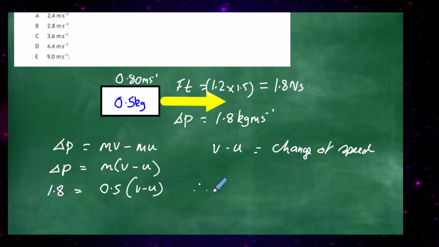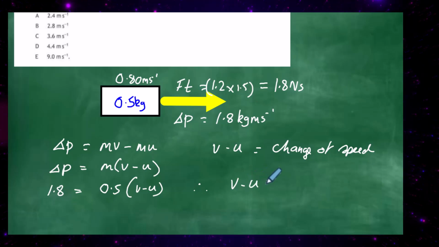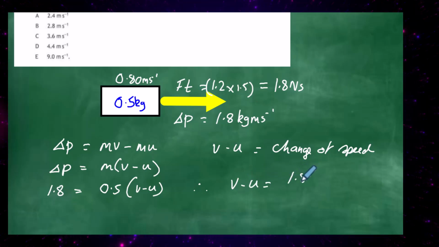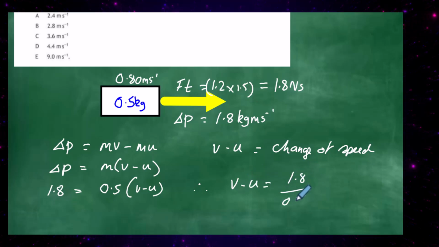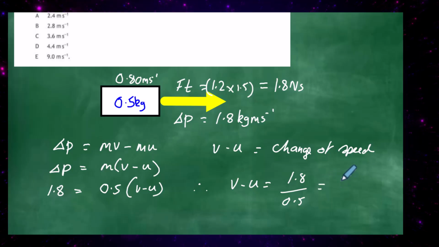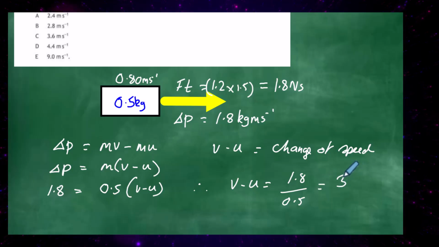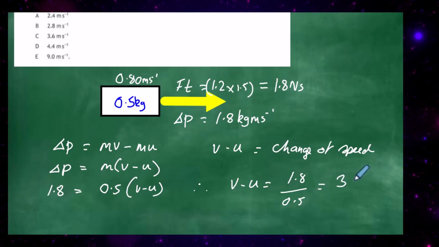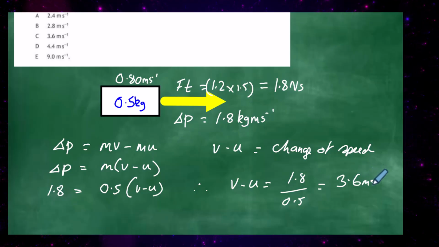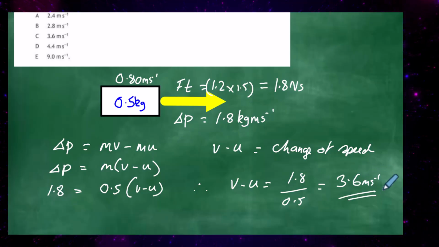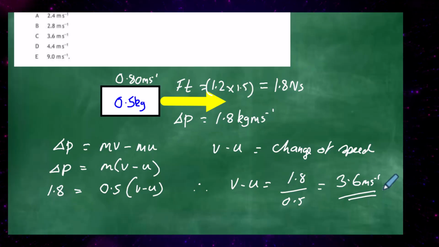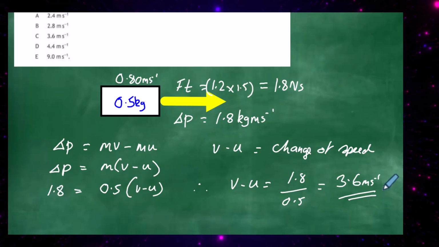And therefore, just rearranging, change of speed, v minus u, is going to equal the change of momentum divided by the mass of the car, 0.5, which is going to come out to be 3.6 metres per second. It's the old impulse one. Give an object an impulse, that means a force over a given time, and work that out to give you the impulse, and the impulse is exactly equal to the change of momentum.